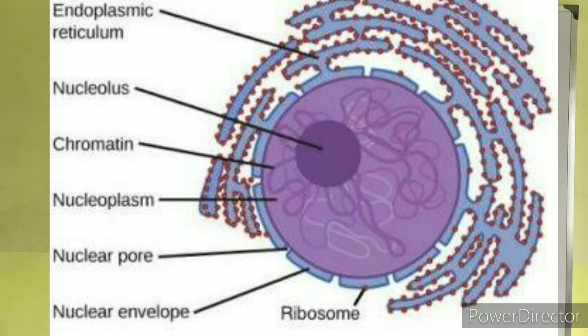First we will learn about the nuclear envelope or nuclear membrane. Nuclear membrane surrounds the nucleus. It controls and allows the passage of certain materials in and out of the nucleus through the nuclear pore.